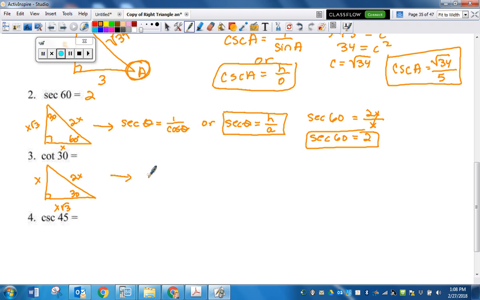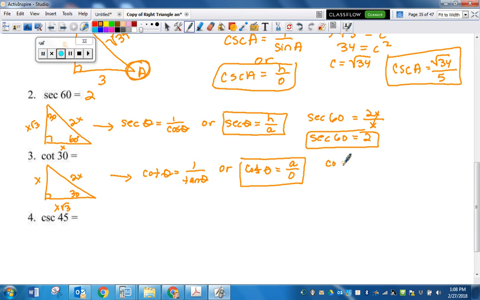Well, I know that cotangent of theta, this is a piece I have to memorize, is 1 over tan theta. Tangent is normally opposite over adjacent, which means cotangent would be adjacent over opposite. Again, I have a picture, so this is probably best for me here.